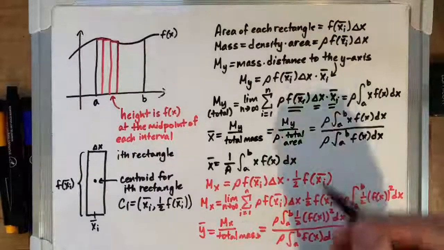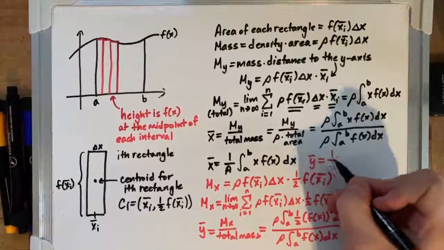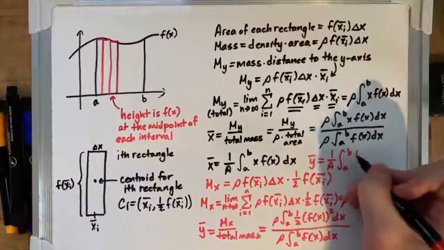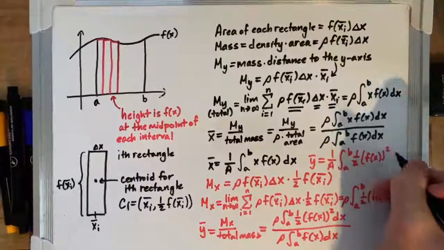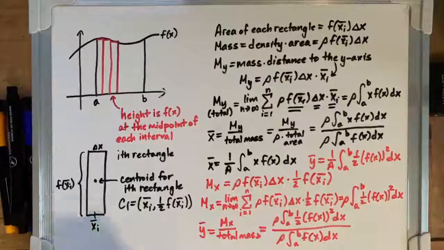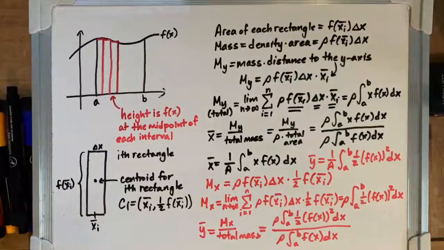Okay, and then that is going to spit out for us a y bar that is 1 over the area, and then we're going to go 1/2 f of x squared dx. Okay, and so this is how we are going to find the centroid if we have a uniform density. Okay, so that density ends up getting canceled out because we have it in 2 locations. We have it on the top and the bottom of our fraction there.